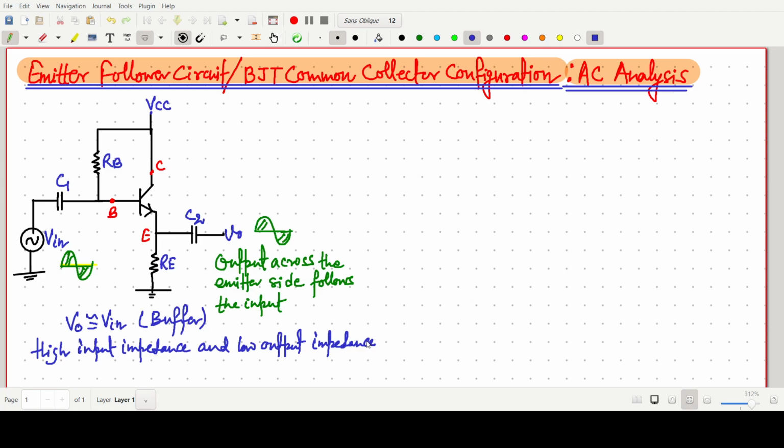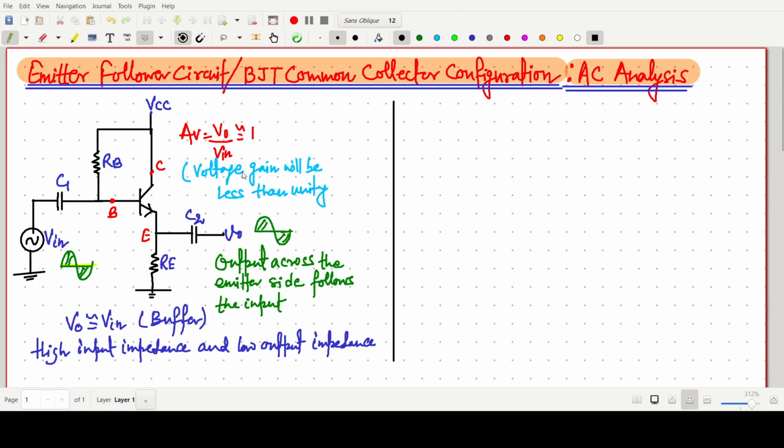It is better to write that this AV, which is V naught by V in, is nearly equal to 1, but ideally we can say it is less. Generally we say the voltage gain is always less than unity, practically less than unity. Then how we derive all these things, we will cover.